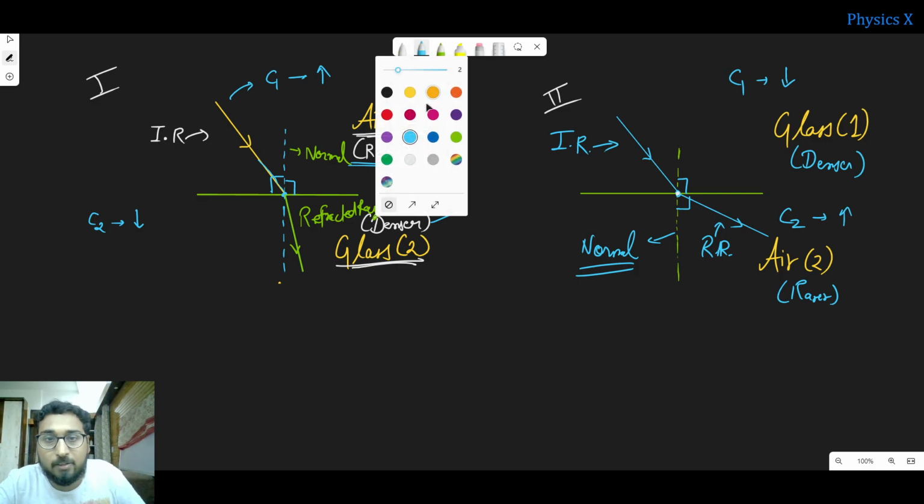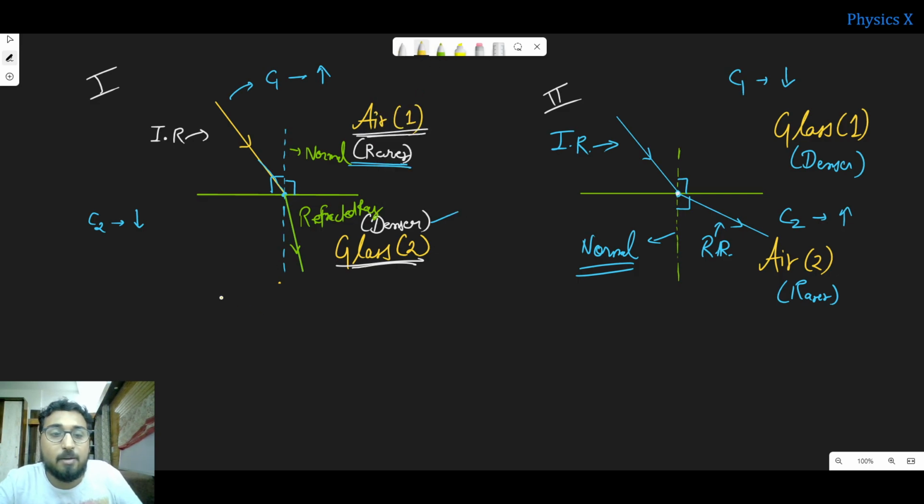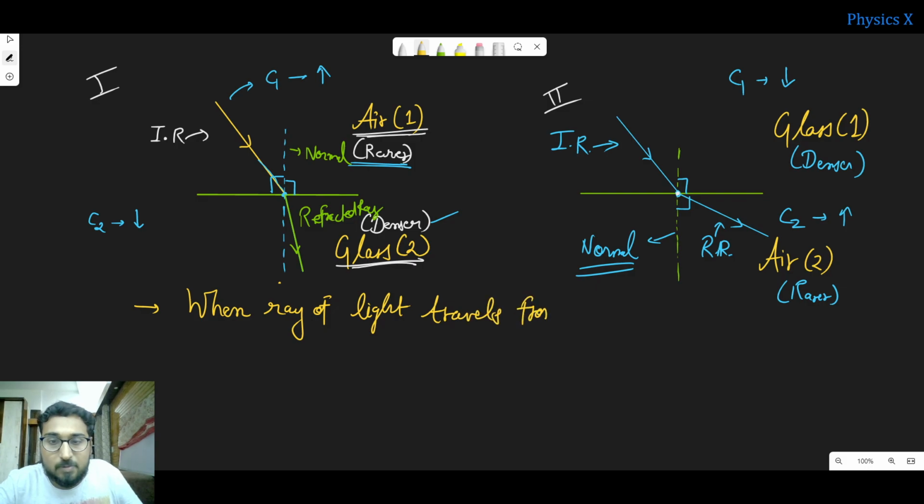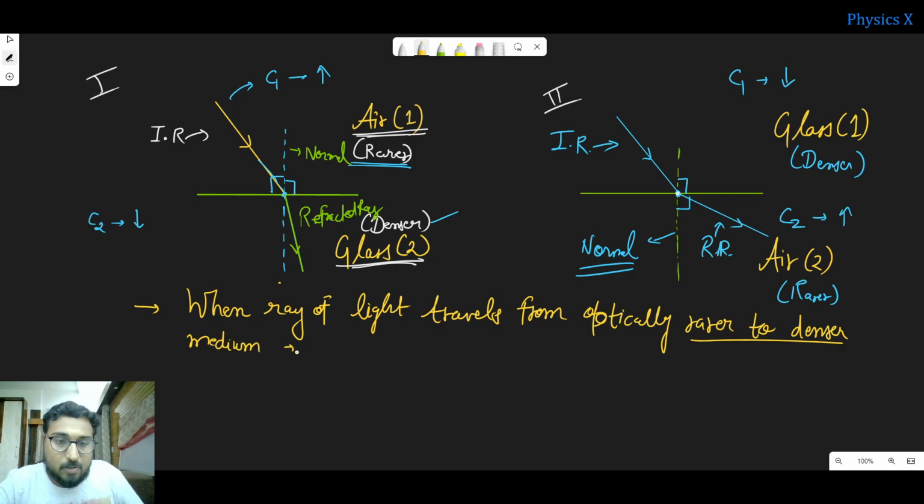So better you can write these points: when a ray of light travels from an optically rarer to denser medium, it will bend towards the normal.